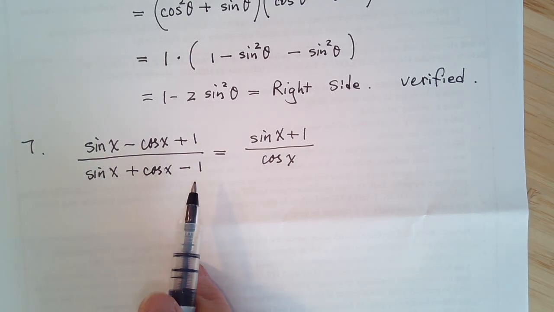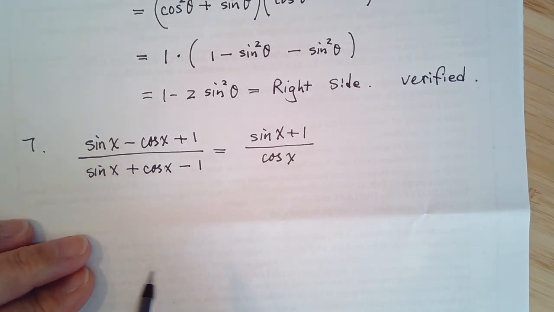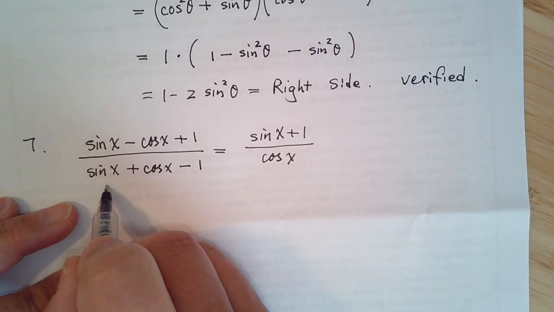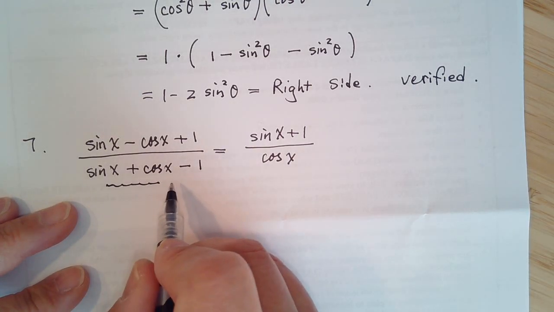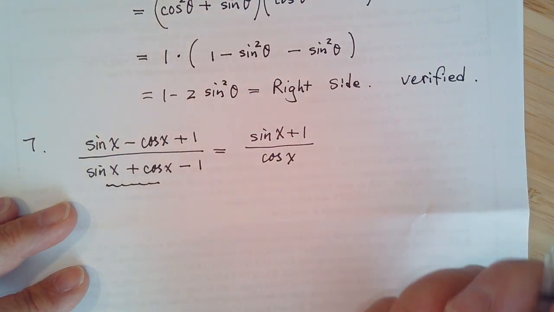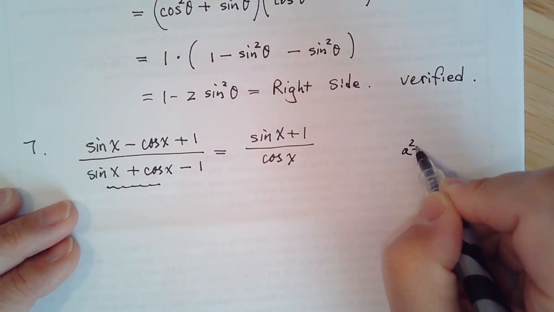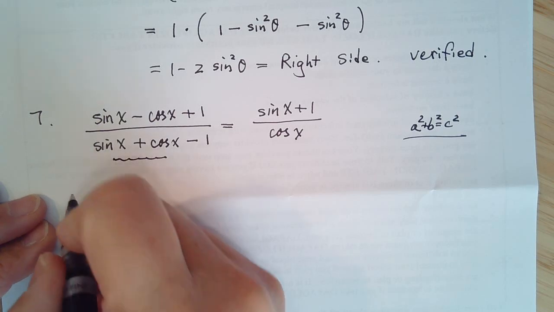So what I would do is multiply by this guy with minus 1 replaced by plus 1. Do you remember that we always want to have 1 involved, and we also want to use this a squared plus b squared equals c squared thing, right? So what I would do is this.